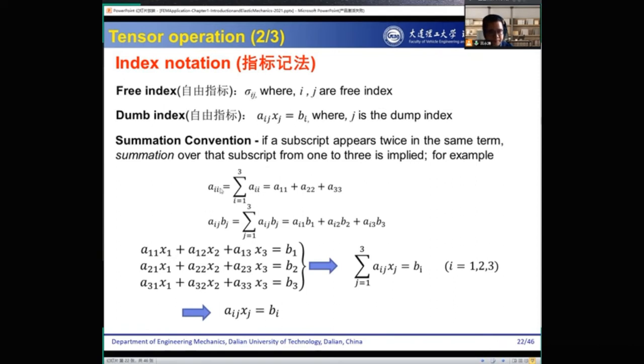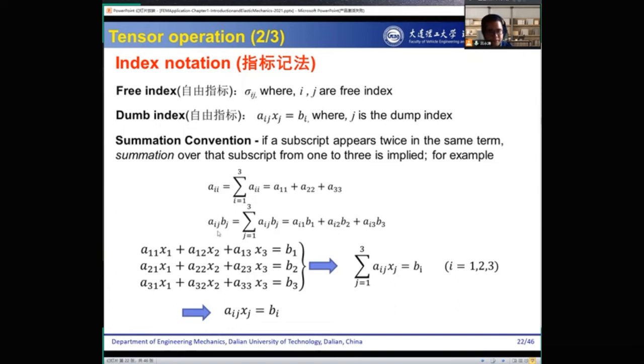So give an example here. In a_ii, the index appeared twice in the same term, so we do the summation of i from 1 to 3. This means a_ii equals a_11 plus a_22 plus a_33. This is the definition of a_ii.